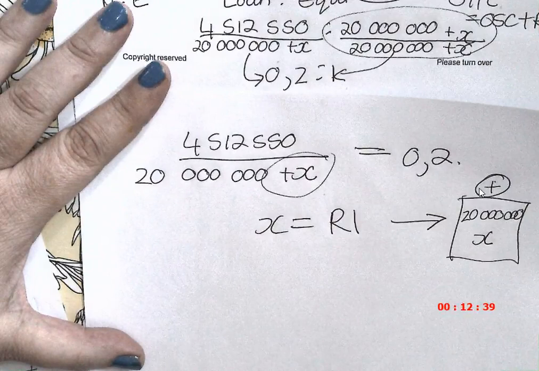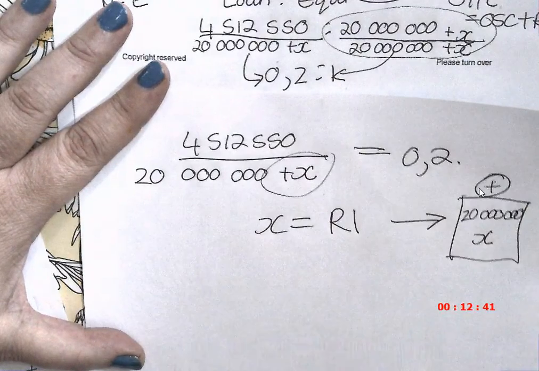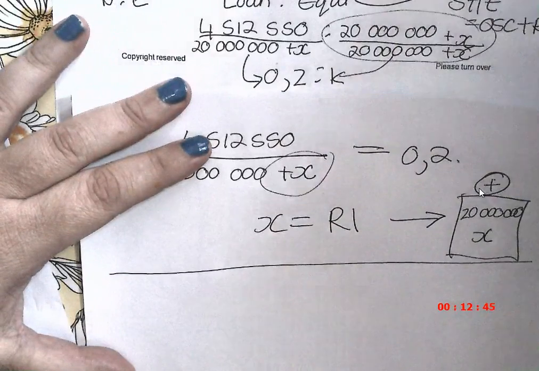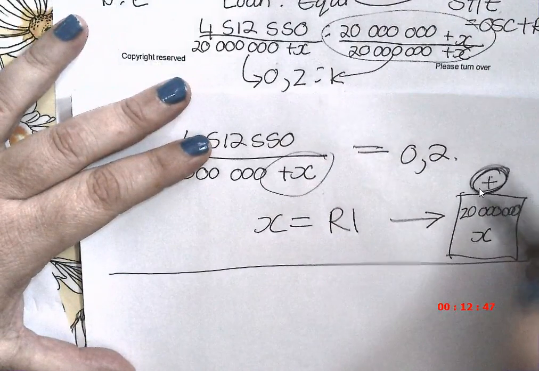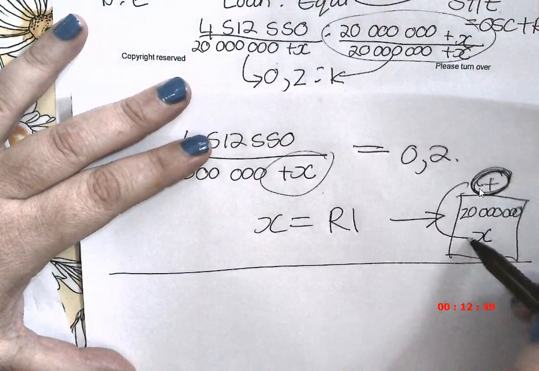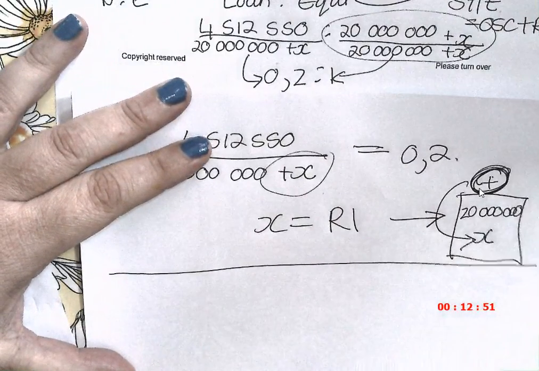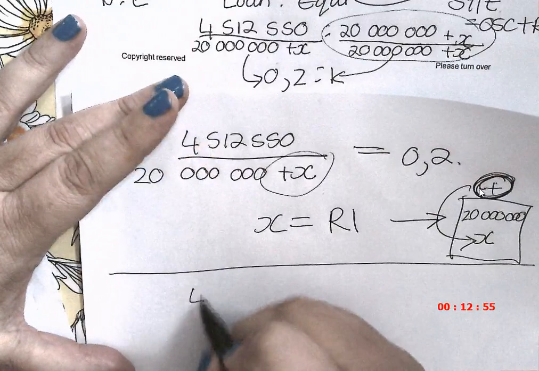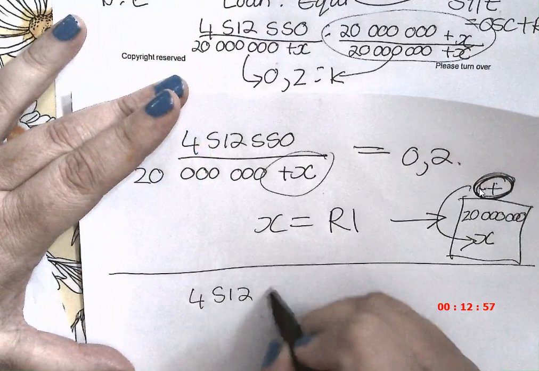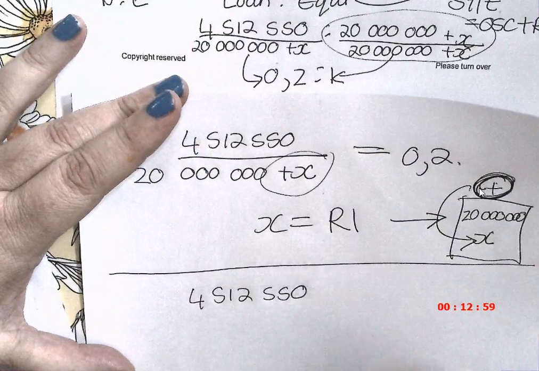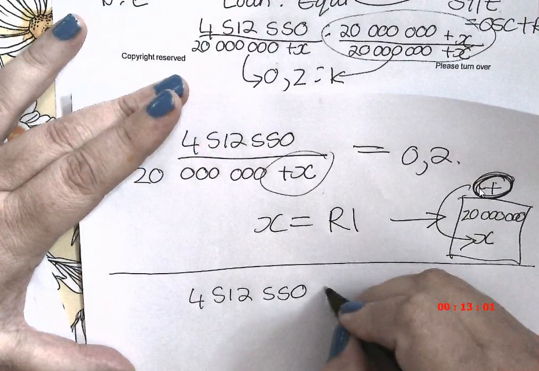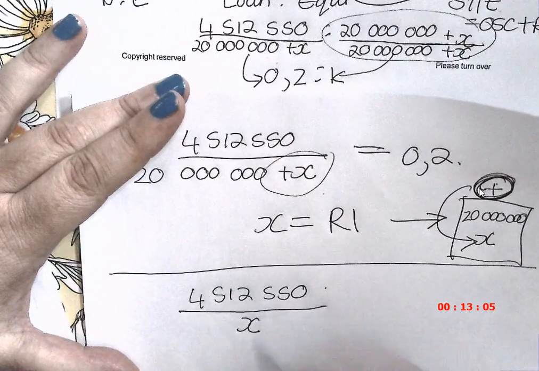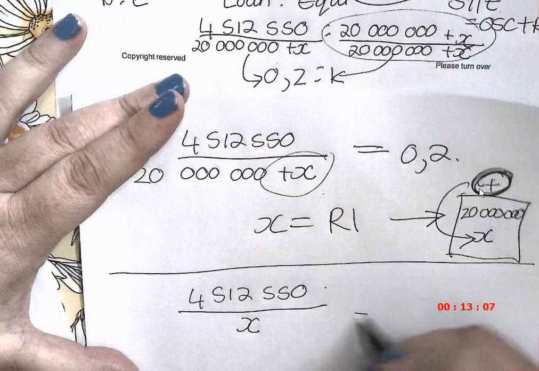Okay. The other way you can do it is you can say, oh, you know what? Let's do it a little bit easier. I can also work it that I find the shareholders' equity and then work it to the retained income, which I think is an easier method. So if I say 4512550, ne? Divided by X. So what am I doing now?